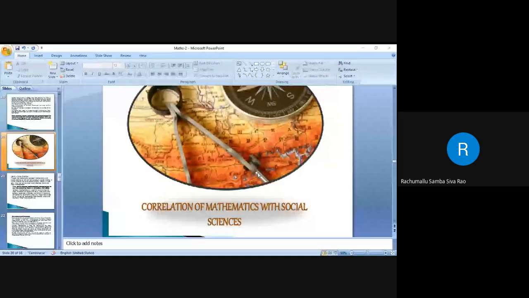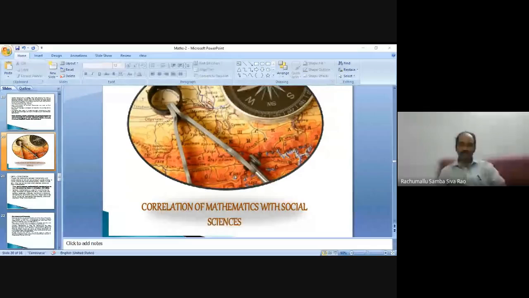Correlation of mathematics with social science. Okay. As we discussed earlier, each and every subject of school is correlated with mathematics.